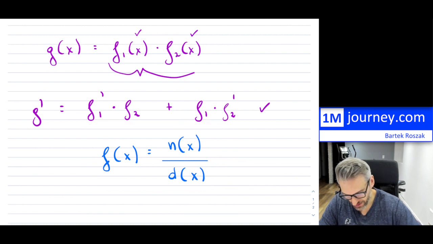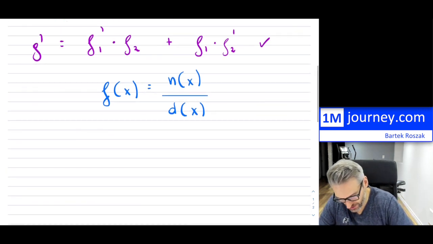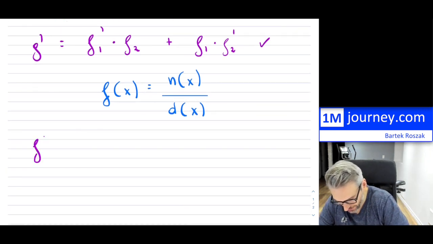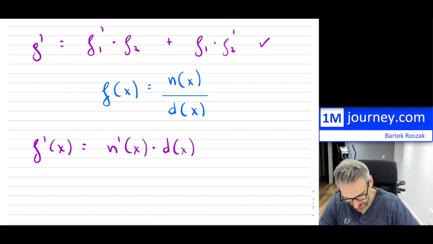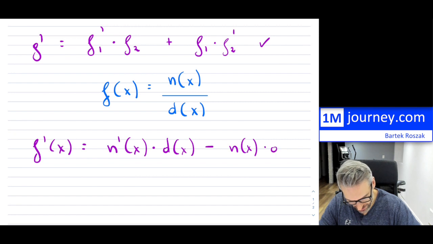So the derivative, if you wanted to know what it is in terms of the quotient rule, would be equal to the derivative of the numerator as a function multiplied by just the denominator, subtracted by the numerator itself, not the derivative, multiplied by the derivative of the denominator.